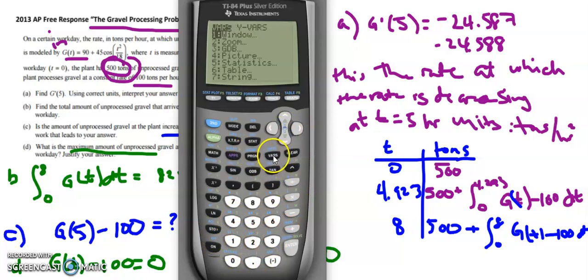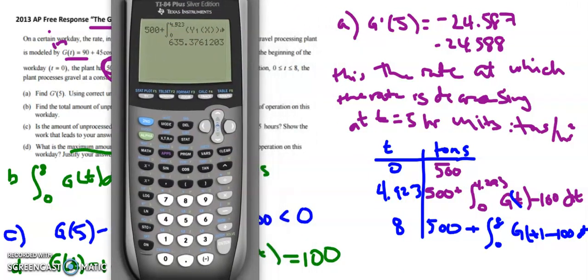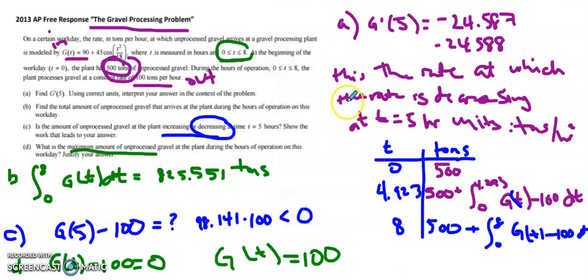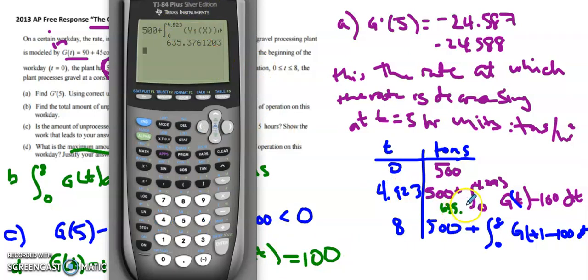So remember, I go to vars, yvars, function, choose y1, make sure we say of x, and then integrate with respect to x and hit enter. This is going to give us the amount of unprocessed gravel at time equals 4.923. That is 635.376.